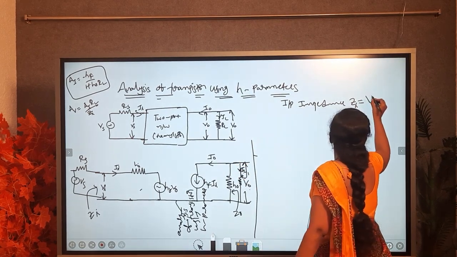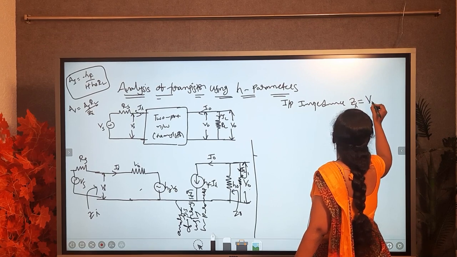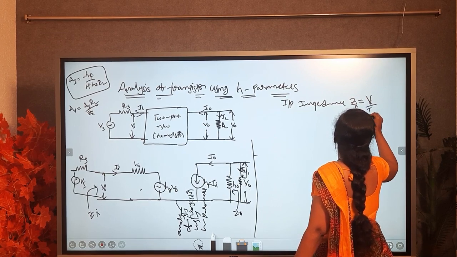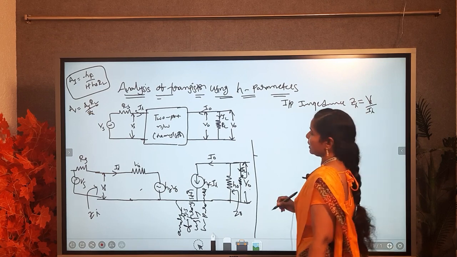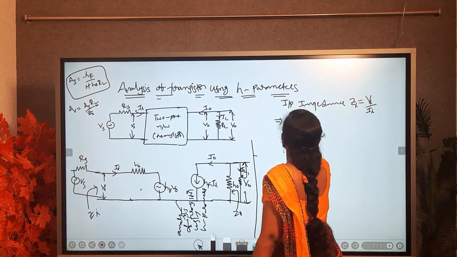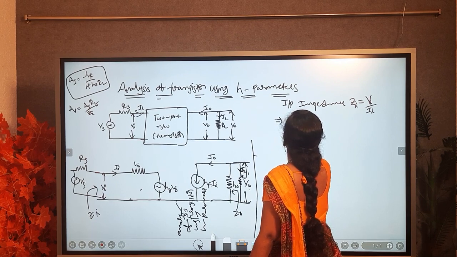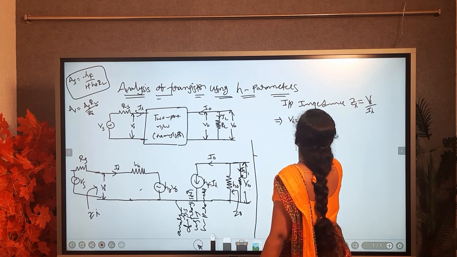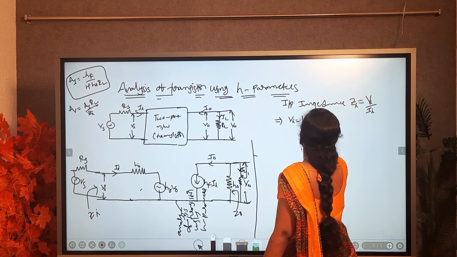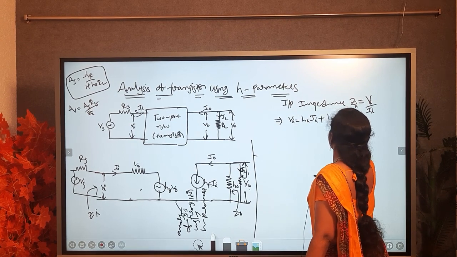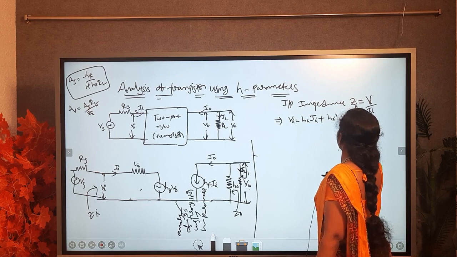So, we have taken the input: input voltage by input current, Vi by Ii. Next, taking the equations like Vi equals Hi into Ii plus HR into V naught.